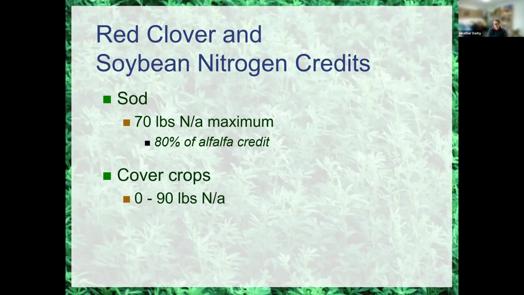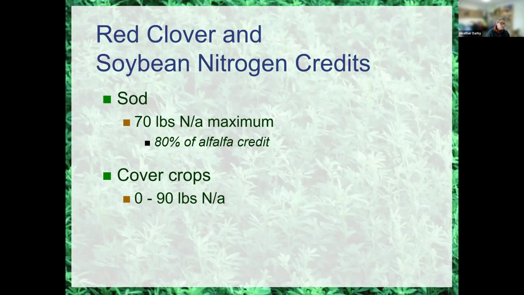So it's less than a legume because there's no rhizobium there, right? There's no microbe making nitrogen. It's just what that crop has taken up in its own biomass, right? So if you're plowing down a hayfield, you will get nitrogen credit for that.